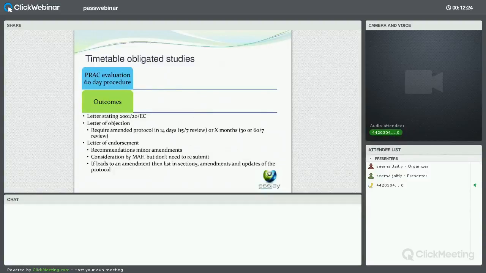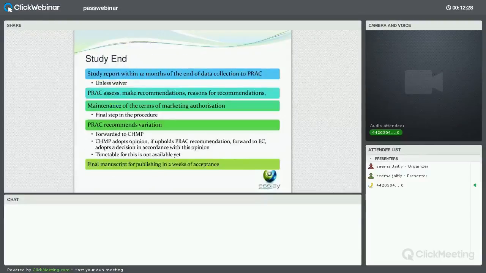So there are other obligations as well with regards to study documentation. So you do, at the study end, need to send in your study report within 12 months of the end of data collection, and that needs to go to PRAC unless you have a waiver in place, because you know there's going to be some difficulty in getting that report out. And PRAC will then assess and make recommendations and state what the reasons are for those recommendations.